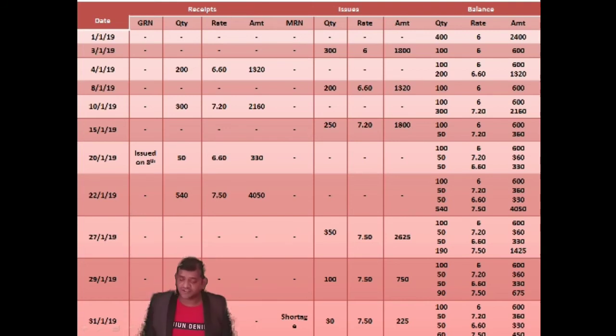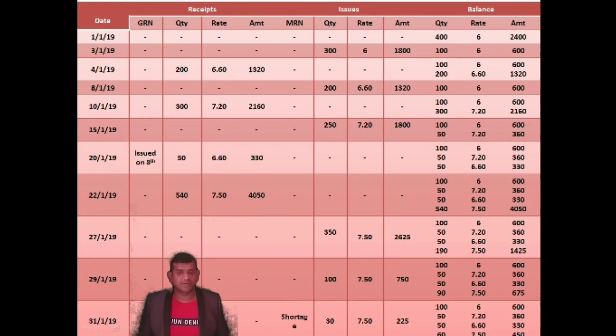Any shortage should be recorded under the issues column. So MRN, write down shortage, quantity 30 units, at the rate 7.50 under the LIFO, last in first out principle. The amount is 225 rupees.